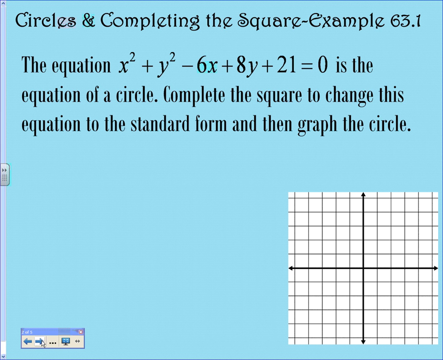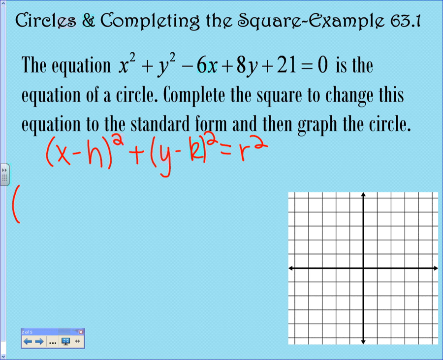First off, do you remember what standard form of a circle is? That is your standard form. So we want to take this equation that they gave us and put it into that form. So you're going to complete the square. First you want to group all your x terms together.